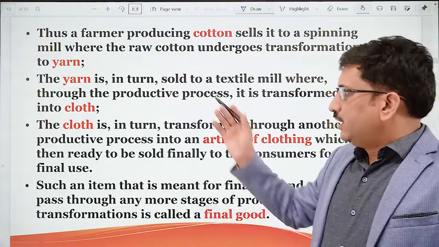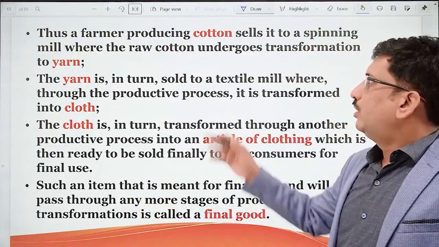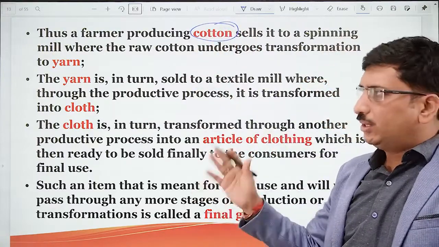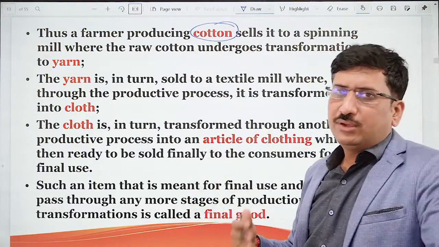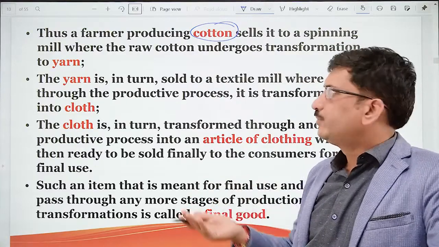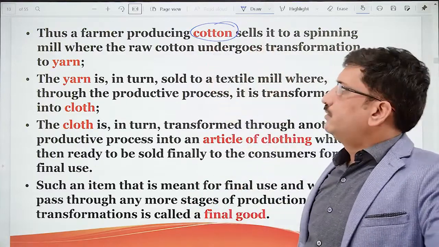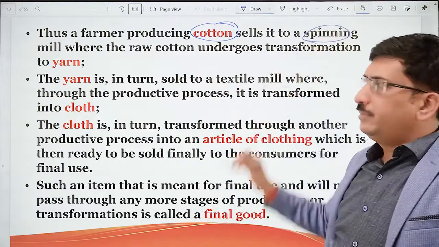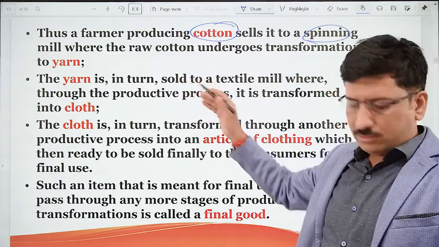Take an example of cotton, to understand how goods come in different forms. A farmer produces the cotton and he usually sells it to the spinning mill.